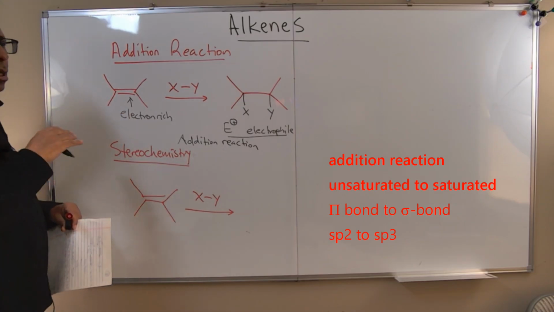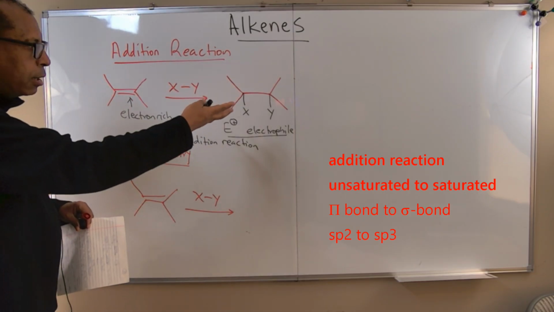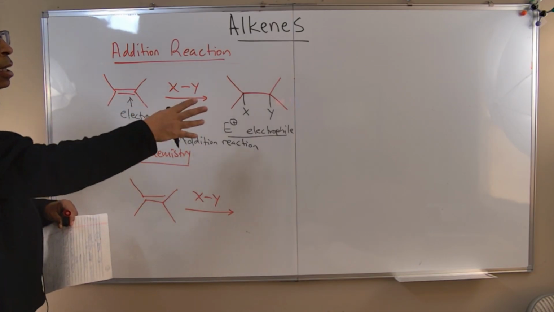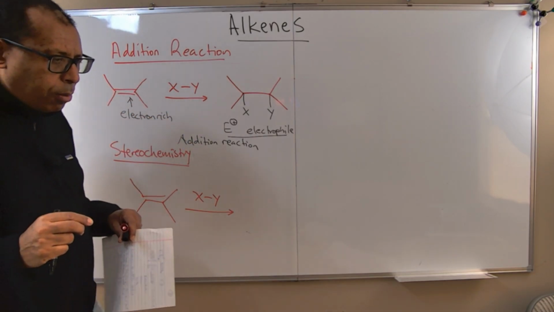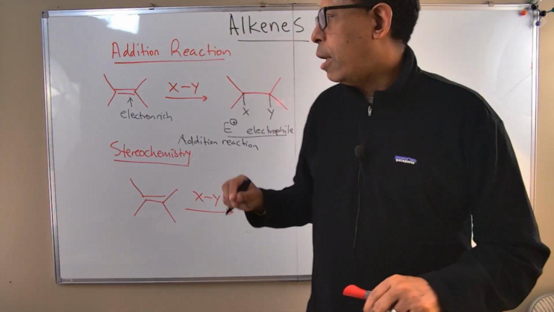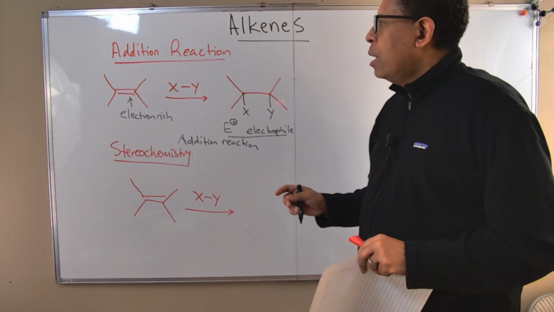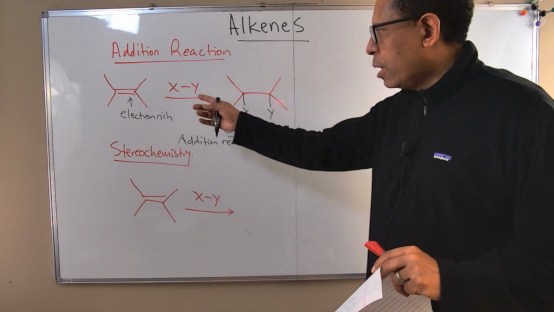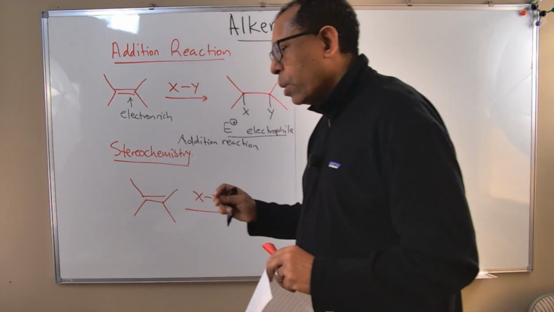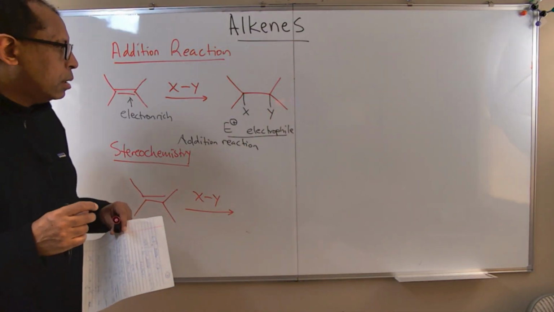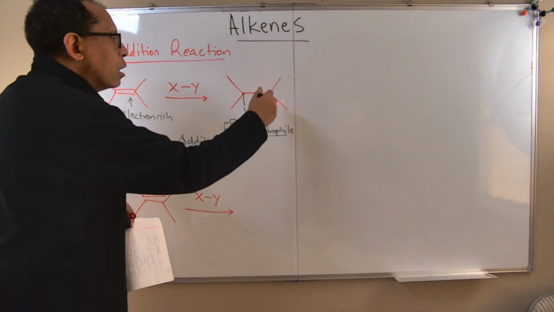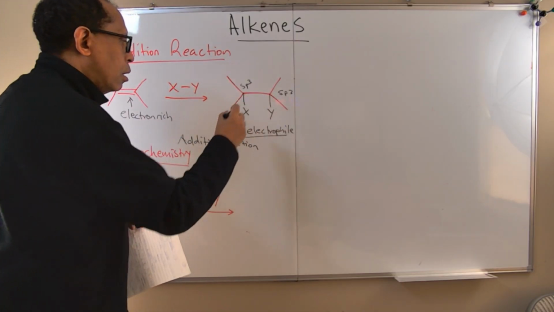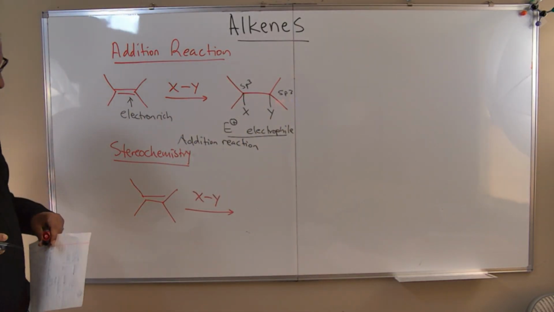So the pi bond is available to react, and it can easily be broken and undergo addition reaction. What you need to understand at this point is that alkenes would undergo addition reaction. They can add an XY molecule across the pi bond and form sp³ hybridized carbons. That is sp³ hybridized carbon.